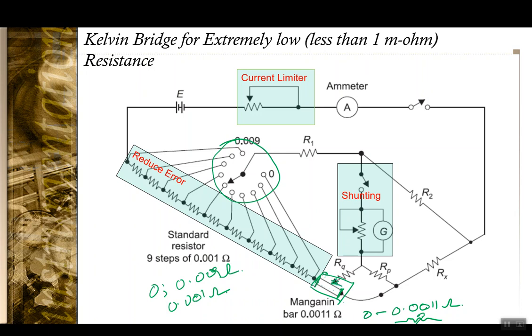And for a larger variation you use the standard resistance. Okay, and in this manner you can have precision in the micro ohm range. So in less than 1 milliohm resistances Rx can be measured appropriately.